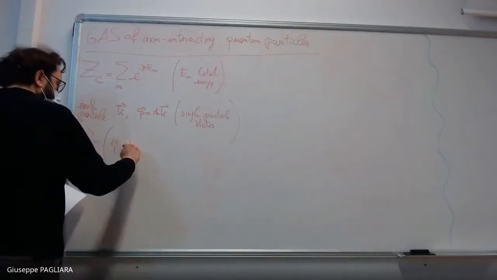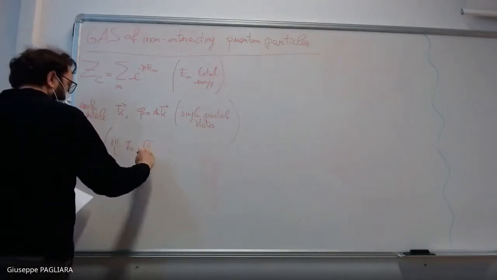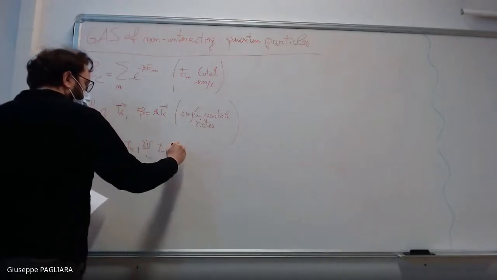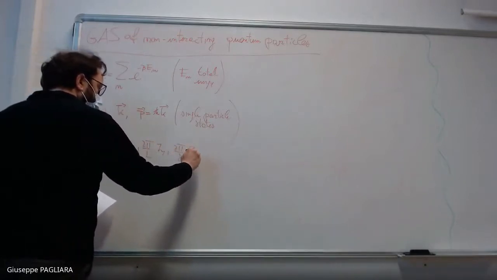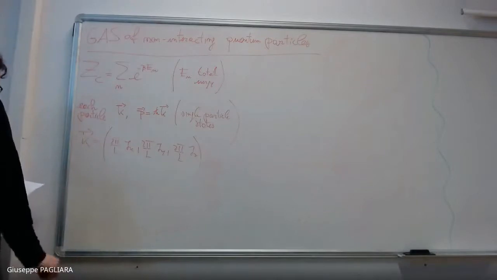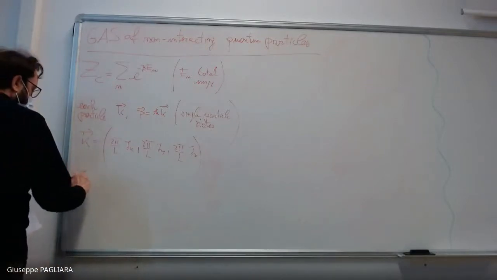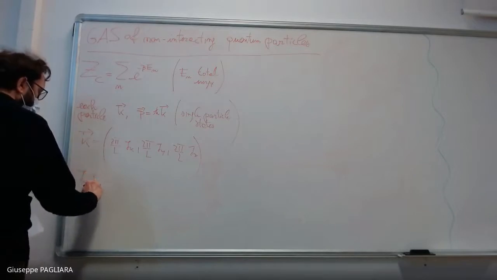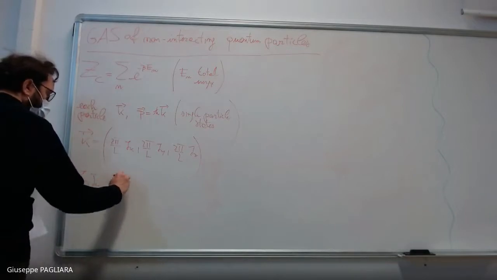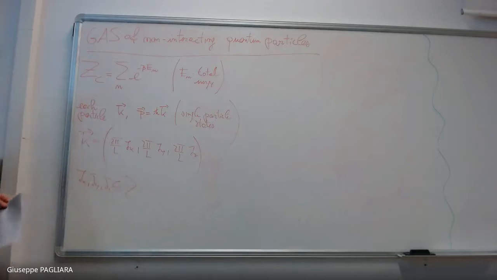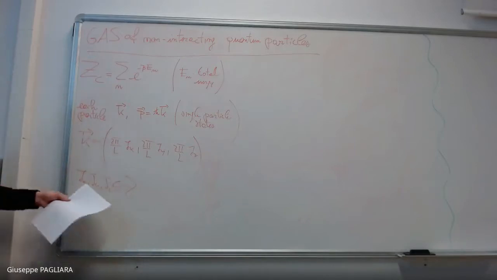This will be something like 2 pi divided by L times (jx, jy, jz), where jx, jy, jz belong to the integer number set.